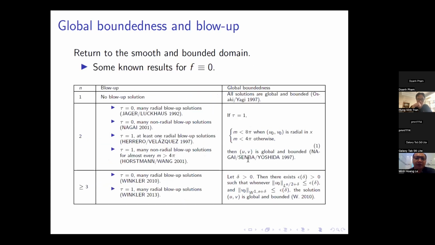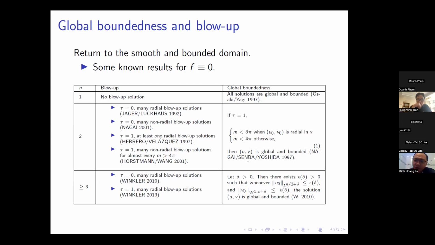Okay. So here are some well-known results. For example, in the one-dimensional case, we consider f, the source, identically equal to 0, in an open bounded domain. In the one-dimensional case, Osaki and Yagi proved in 1997 that all solutions are bounded. So there is no blow-up solution for n equal to 1.